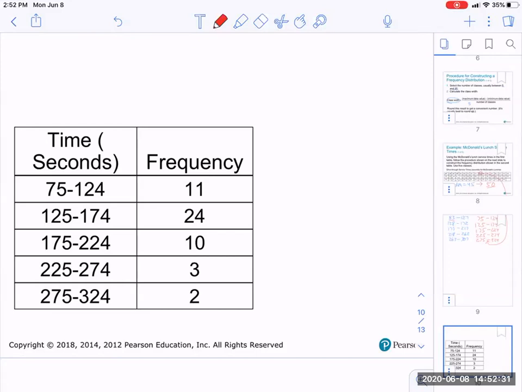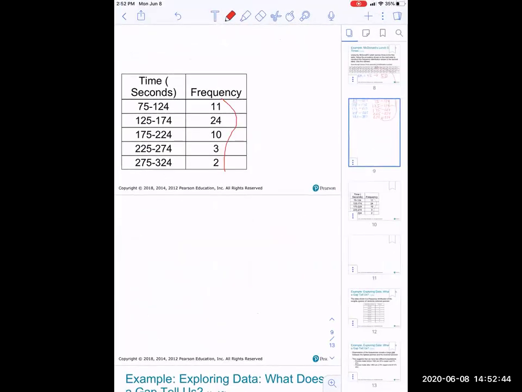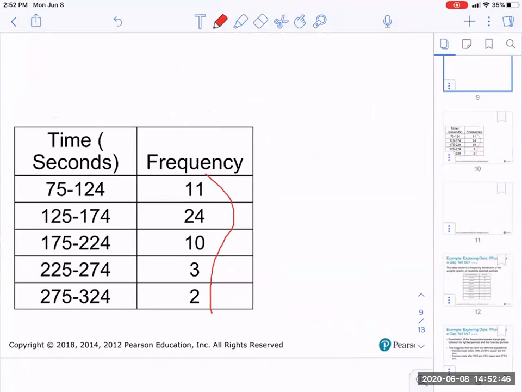I can talk about the shape of the frequency. Starts a little bit, grows big, then it comes down. If I turn this, it doesn't look normal or symmetric. This is an example of skewed right, where we have these values out in the right end of our values.